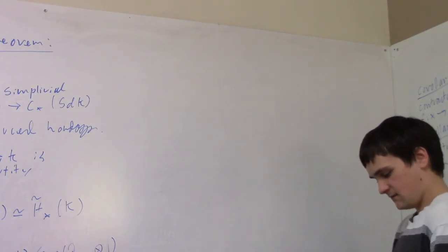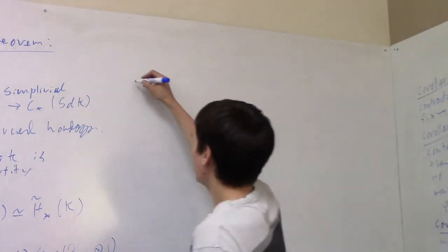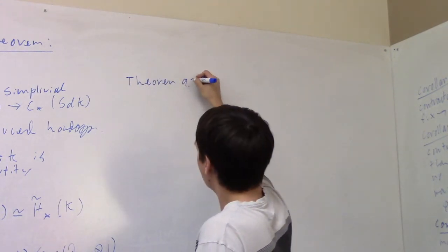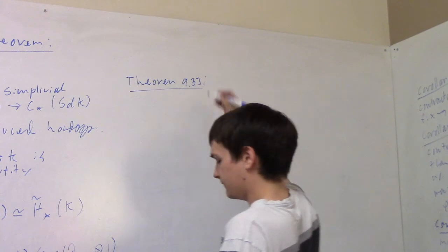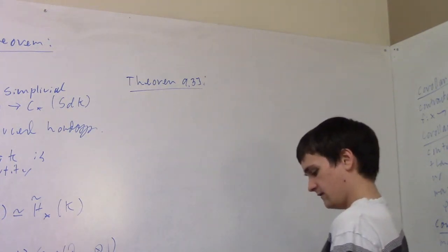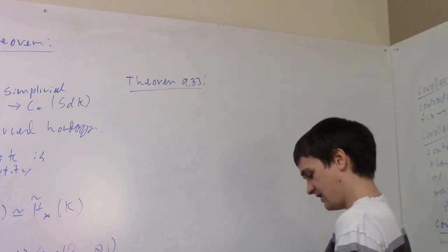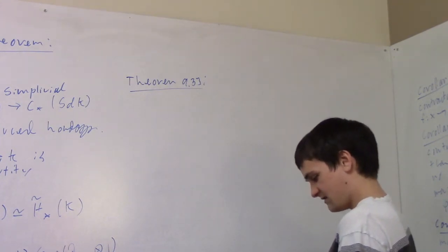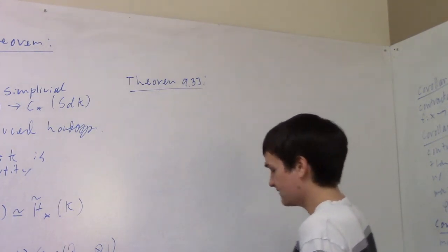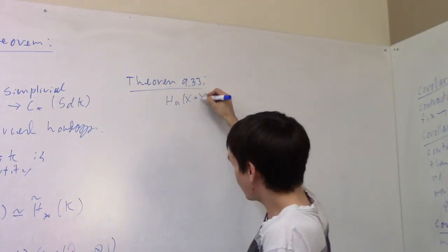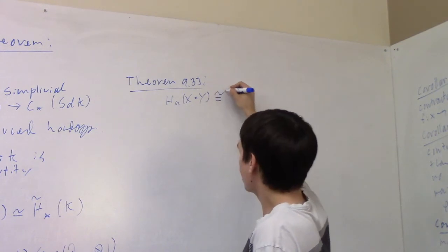So with that in mind, Theorem 9.33: for topological spaces X and Y, there's a natural chain equivalence, chain homotopy, hence you get this isomorphism.